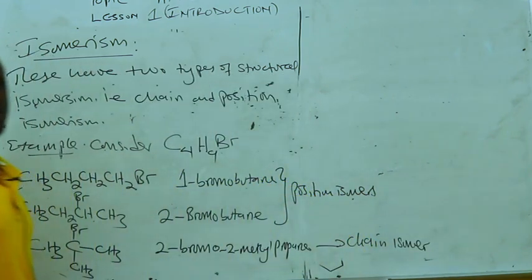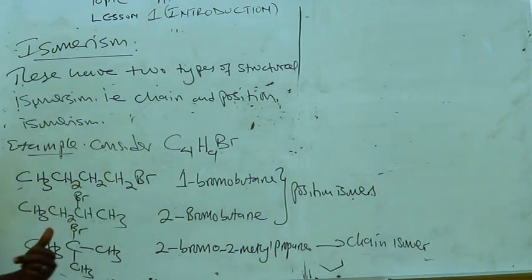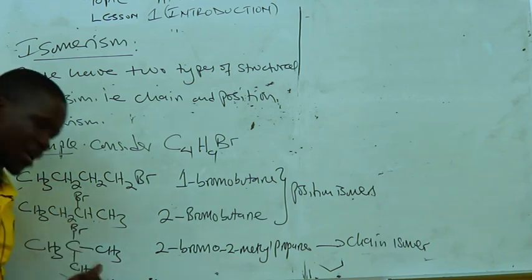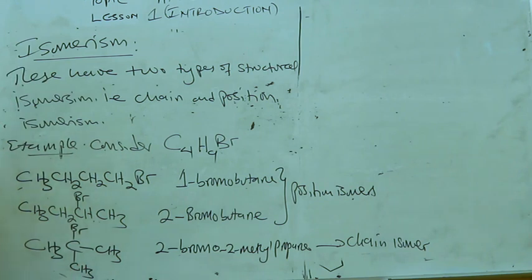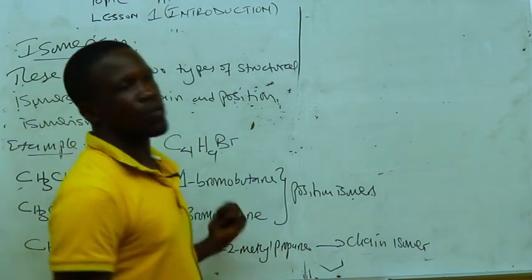Why a chain isomer? Because it differs from the other two in the arrangement of the carbon atoms within the carbon chain. So, these two are the main forms of structure isomerism that we can exhibit in halogen alkanes.